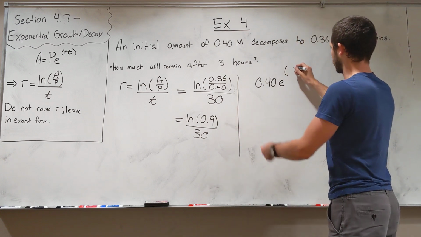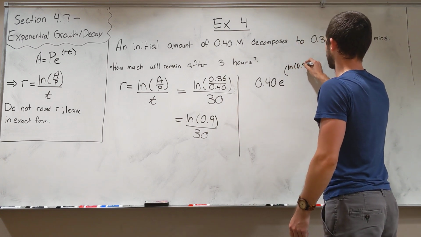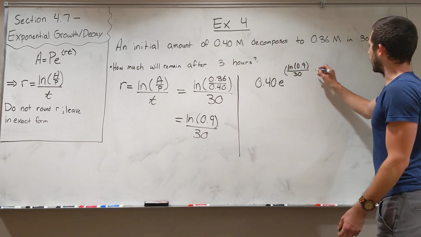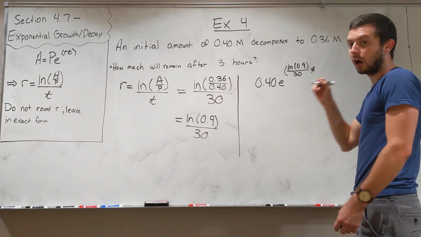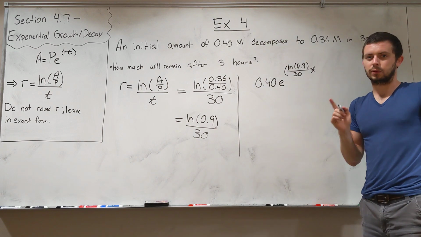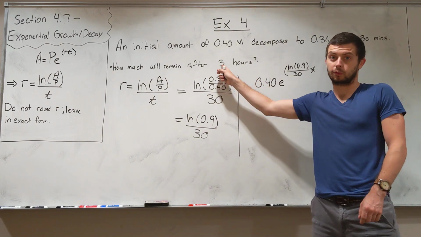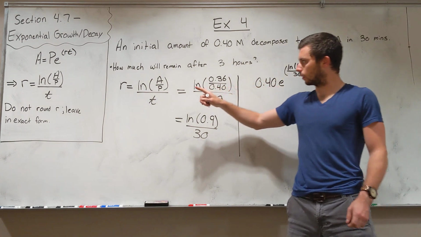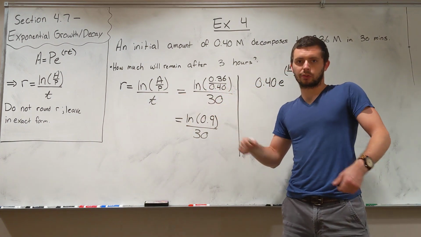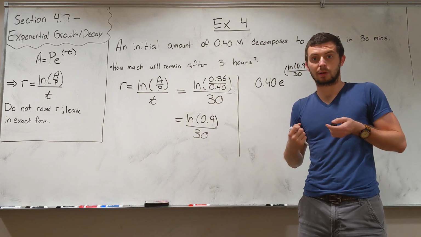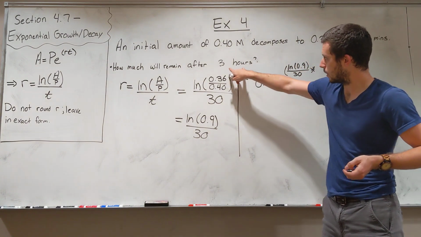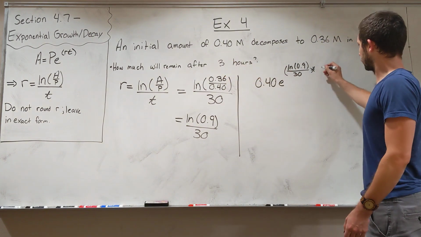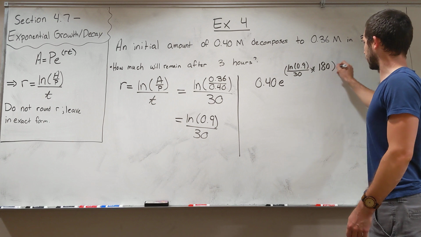The rate we just found to be natural log of 0.9, all of that divided by 30. And we're going to multiply this by the time. Now we've seen an example of this already. We're not plugging in 3 for time, because we used 30 minutes over here, so our unit of time has to be in minutes. How many minutes are in 3 hours? That's going to be 180 minutes, so that's the value we use here instead.